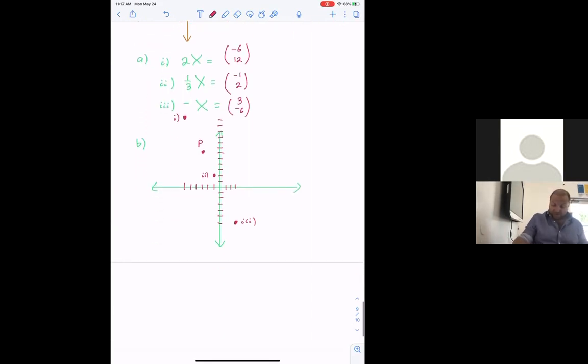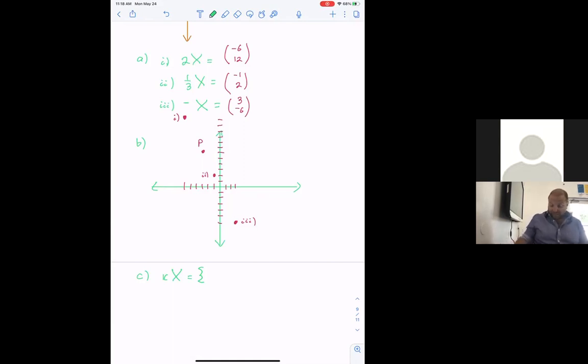And then part C says, make a conjecture about the set of points described by any scalar times x. It's a collection of points that have what property? We want to make a conjecture. So when you look at these 4 points, there's one thing that stands out, assuming that you're a relatively competent artist. There's one thing that stands out about these 4 points in that they all fall along a line.